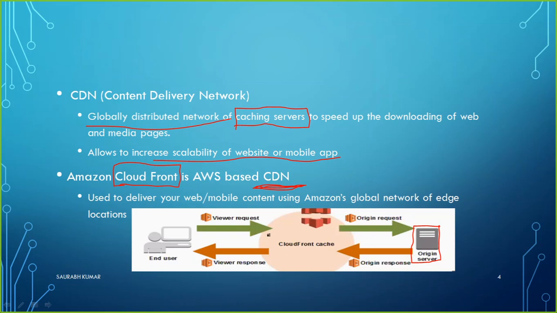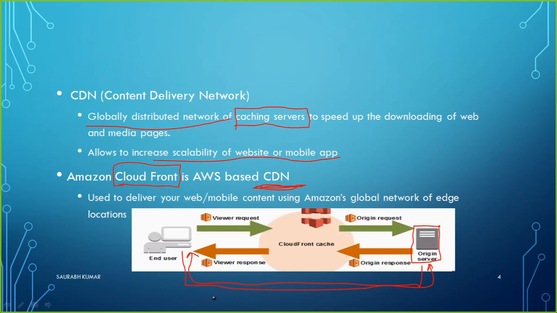If there is no CloudFront or cache or anything, generally my request goes directly to the YouTube server in America, requesting that video, and that video is streamed directly on my screen from the America server. That is the normal condition if you are not using any cache server.